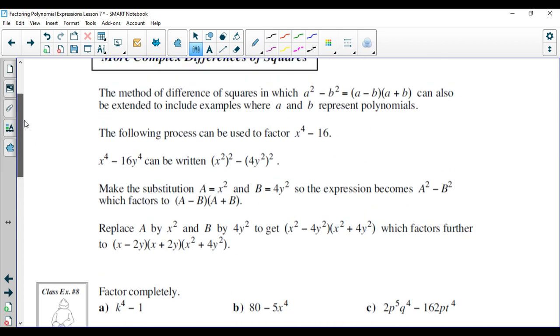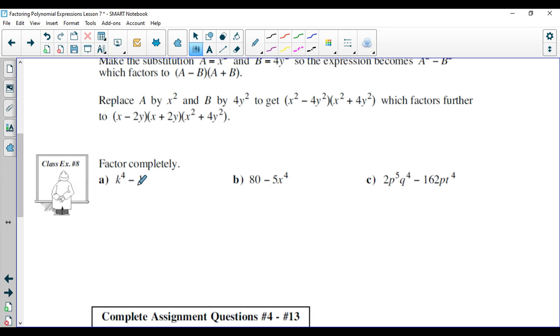We'll just skip all this text here. What it really shows, if you read through it, is that we can use the method of substitution to deal with some more complicated problems written in the format of a difference of squares.